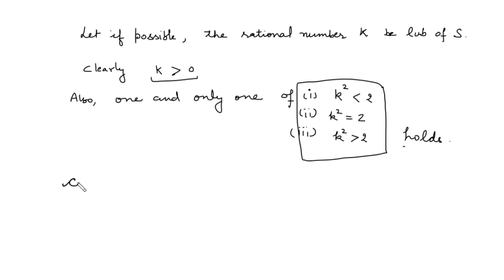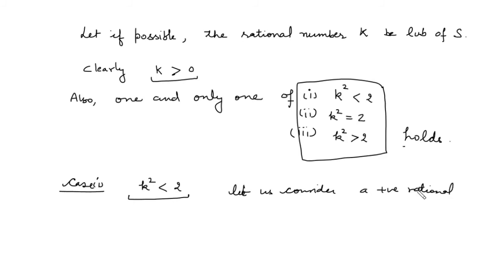So now we consider the first case, that k squared is less than 2. For this we consider a positive rational number y of the form (4 plus 3k) divided by (3 plus 2k).